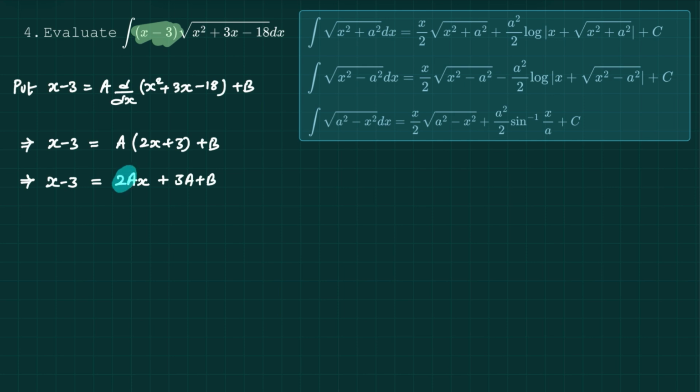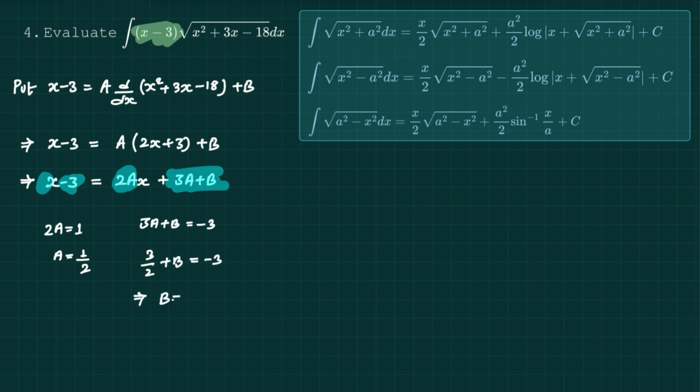Comparing the coefficients of x, we have 2a equals 1. So a will be equal to 1 by 2. And the constant term 3a plus b is minus 3. Putting the value of a and simplifying, we get b equals minus 9 by 2.